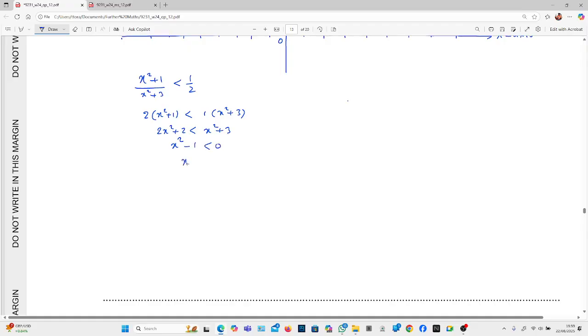So (x minus 1)(x plus 1) is less than 0, difference of two squares.